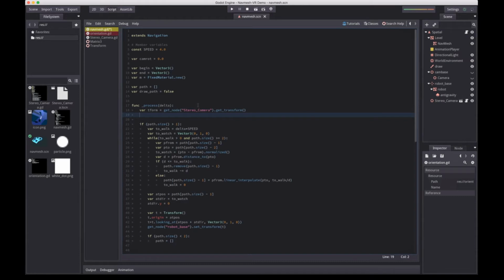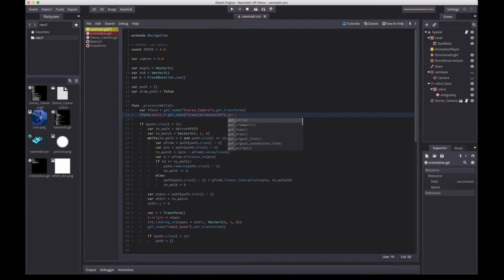And we are going to update the basis, which is the rotation matrix of our transform, with /root/orientation. That gives us access to our orientation script.